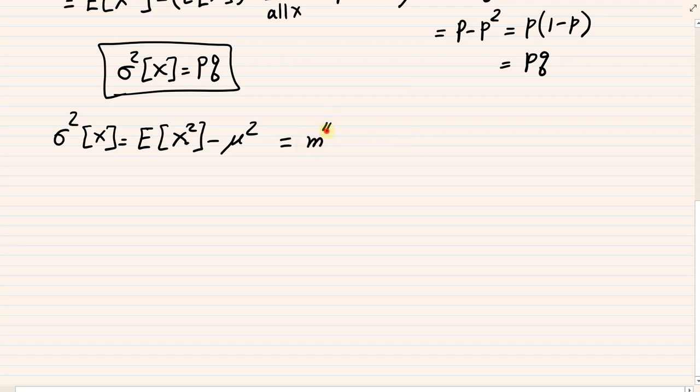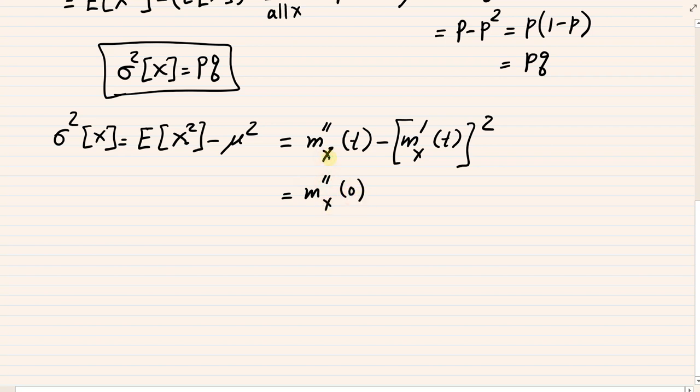M double prime of X at t, minus mu, which we just found was M prime of X at t, and of course we're going to square that. The second derivative is M double prime evaluated at 0. So M double prime of X evaluated at 0, minus M prime evaluated at 0 squared, is going to equal the variance.